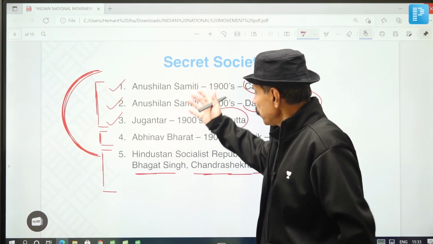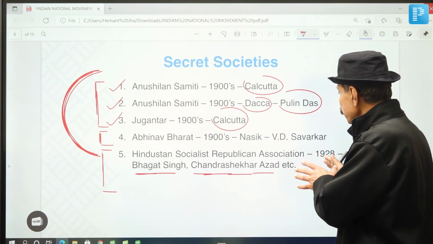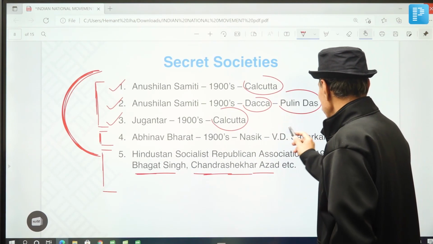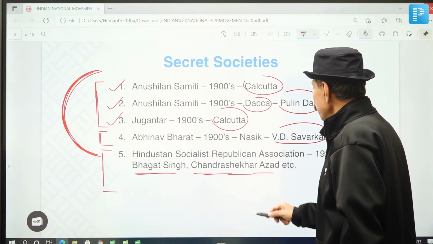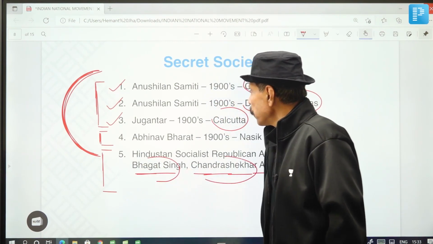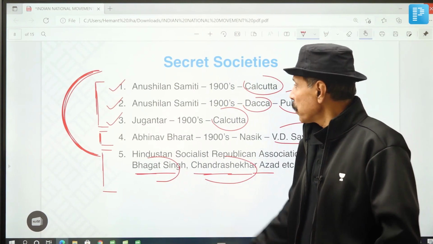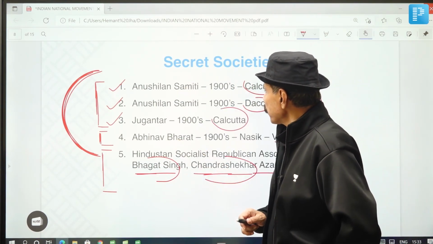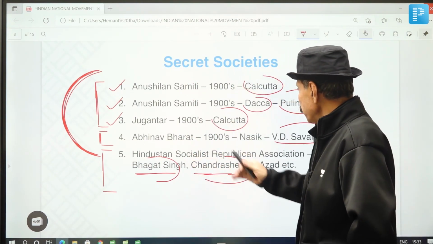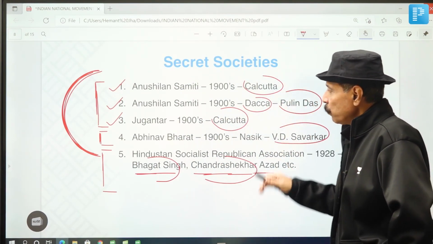So these were the secret societies whose names, and in some cases their region and their founders and associated revolutionaries, you should remember. Here you are supposed to remember the names of these samitis and which phase they belong to, but no need to memorize years, and what region, and what associated revolutionaries. That's it.